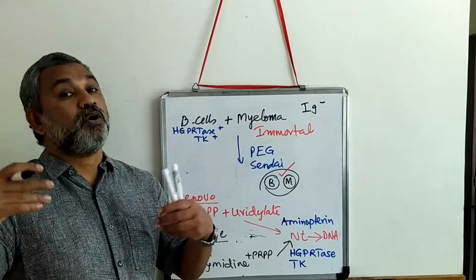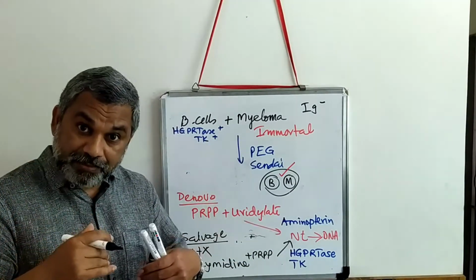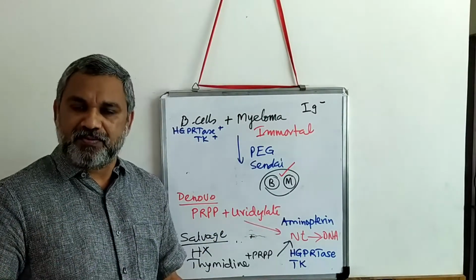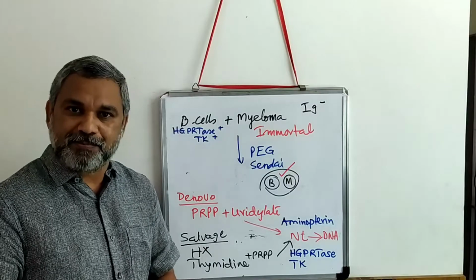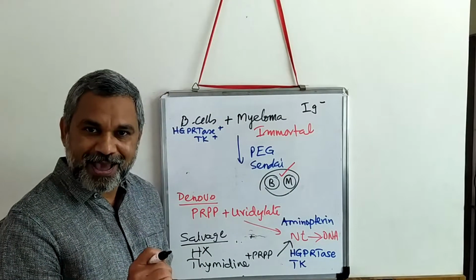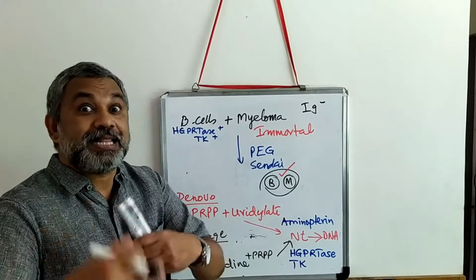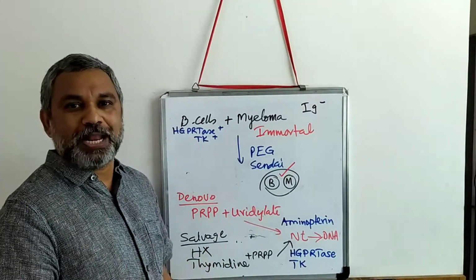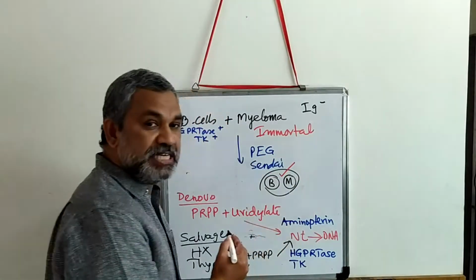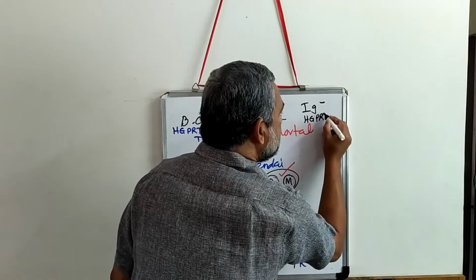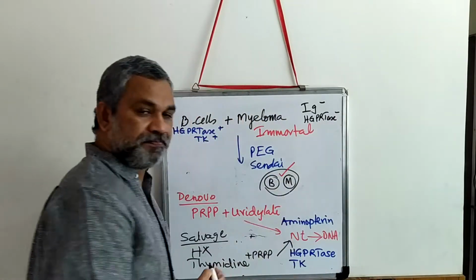So initially when Kohler and Milstein carried out the production of monoclonal antibody, they produced hybrid monoclonal antibodies. Later on, this gene was knocked down and that's why they could develop pure monoclonal antibodies. So it has to be Ig minus and it has to be HGPRTase minus.